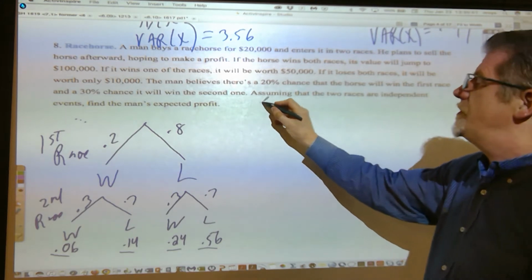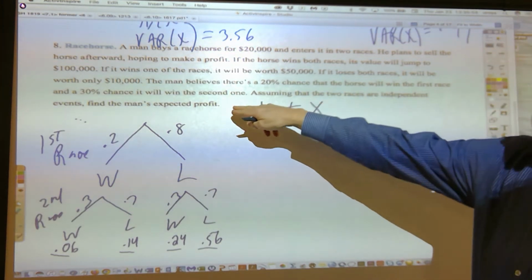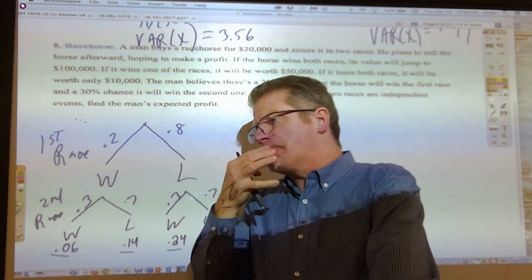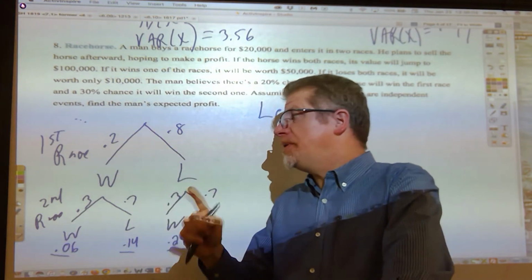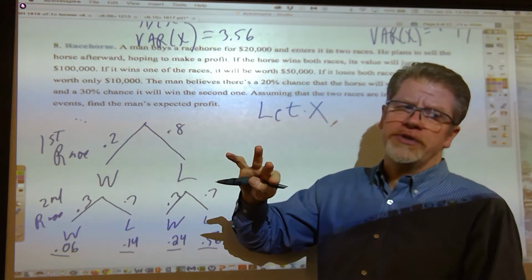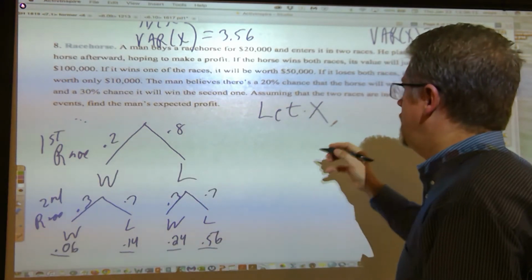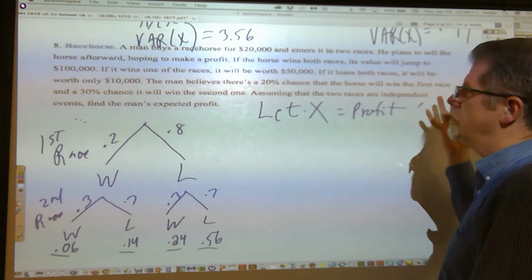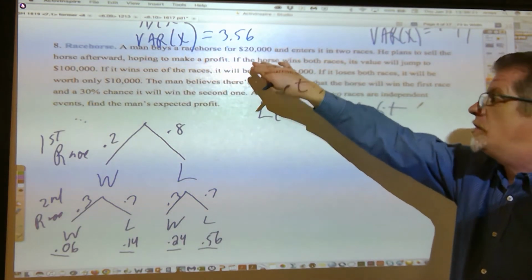Now, we're going to define the random variable, and you get to decide, I mean, we're trying to find the expected profit. Do you want to define the random variable capital X as the profit or the payoff? We kind of learned yesterday that it's a little safer to define X as the profit, because then we're subtracting the $20,000 fee for entering this game right up front.